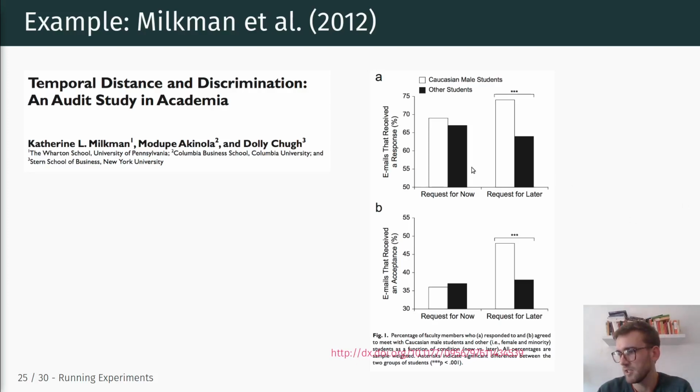There was not much of a difference in faculty responses when the students requested immediate meetings, but when it came to requests for meetings at a later point in time, there was a much higher response rate and acceptance rate for Caucasian male students as compared to any other sociodemographic, right?